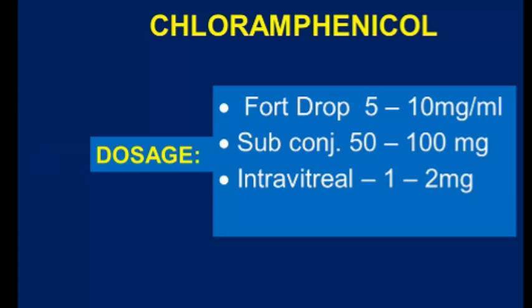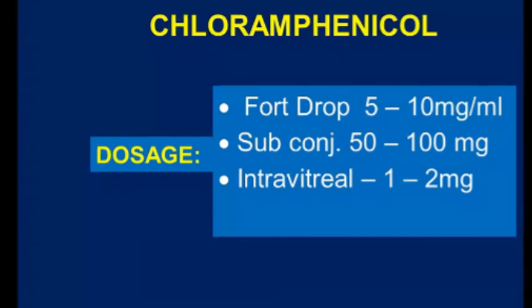So for the fortified drop or our normal drops, it can be given 3 times daily, or depending on the severity of the infection, it can also be given every 2 hours or every 1 hour for the first day, and 4 times daily for the remaining 2 weeks. So we also have the subconjunctival form of chloramphenicol.